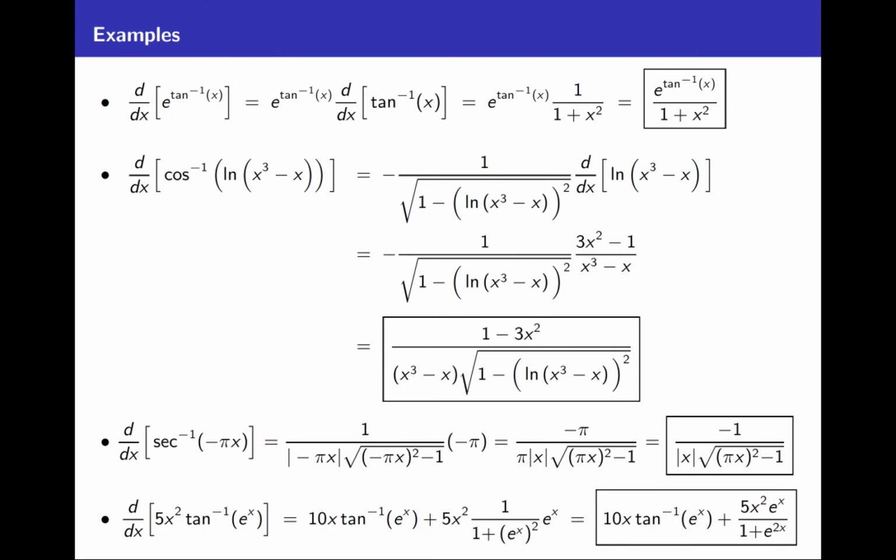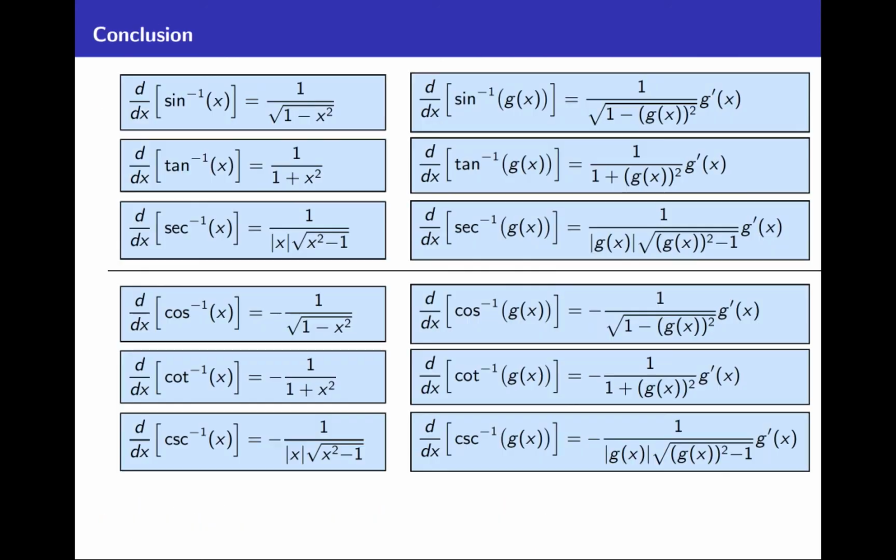So we've done 5 examples here, and of course you should work some practice exercises to get fluent at this. But we're done for today. The conclusion is we have 6 new derivative rules and their corresponding generalized rules that you get from applying the chain rule to the 6. That's it.